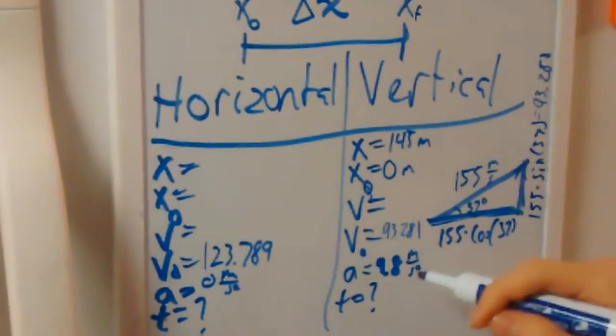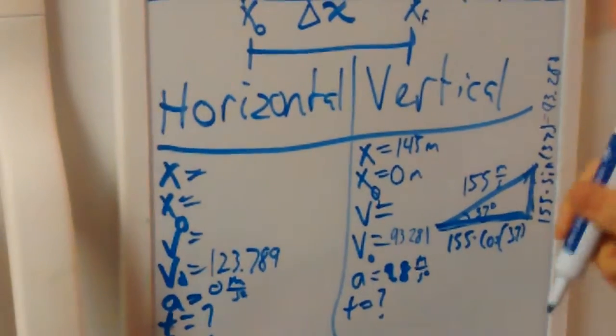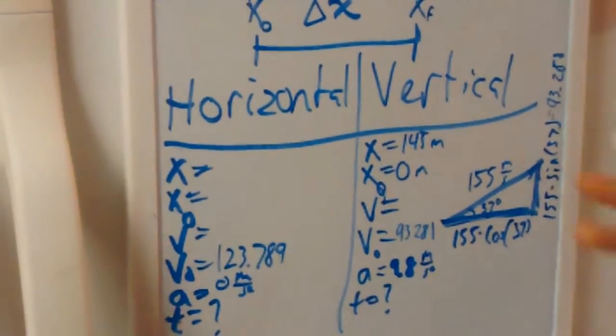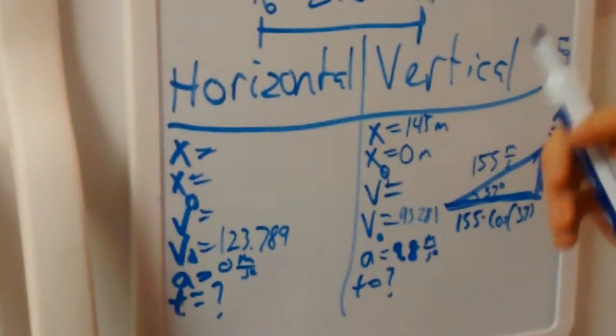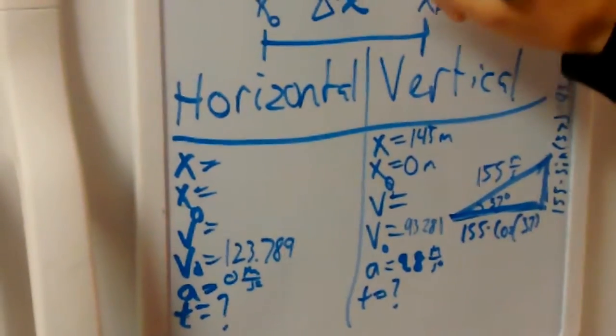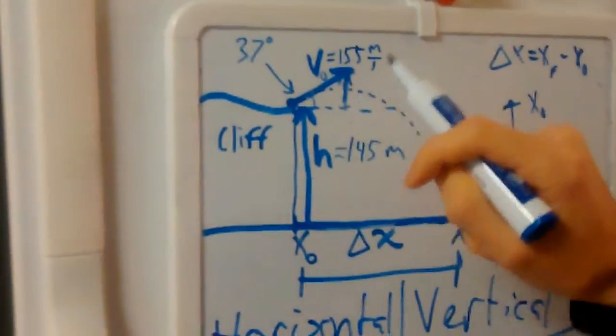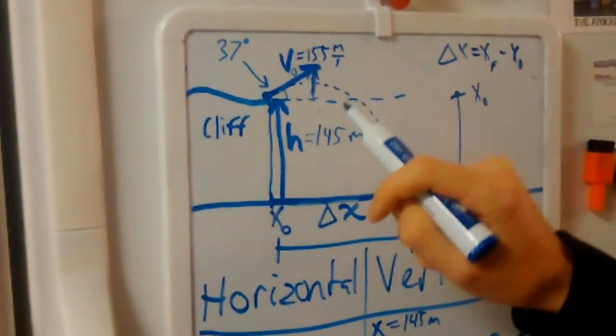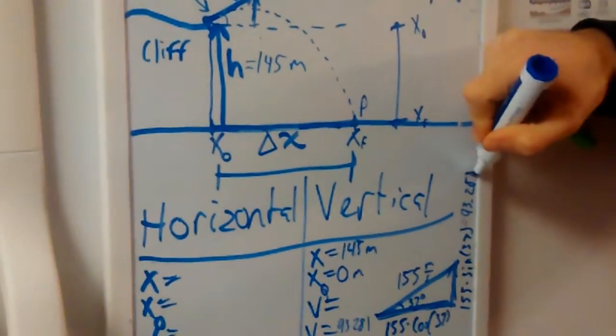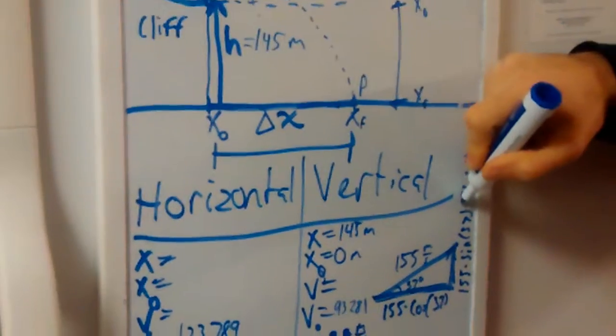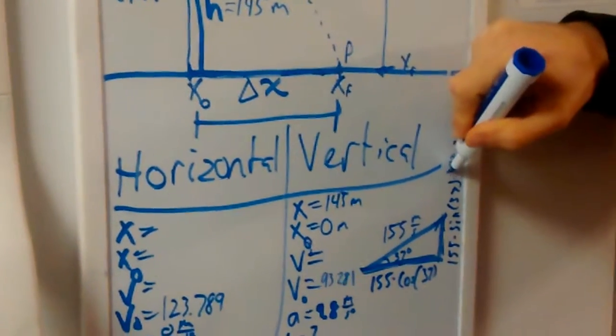Since we established that any motion downwards is positive, we have to list any motion that's upwards as negative. Now we can see up here that the initial vertical motion of the projectile is upwards. That's why right here, this 93.281 is negative.